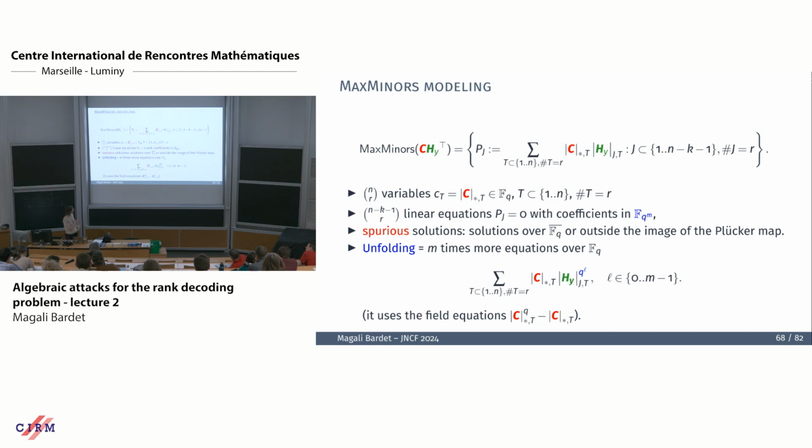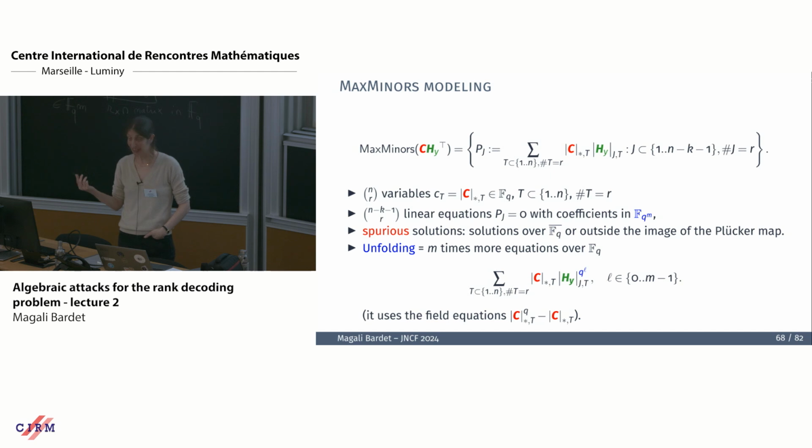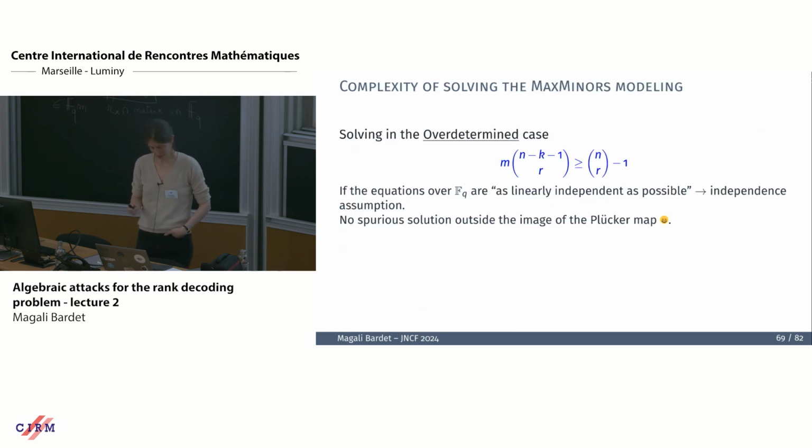For the second part, you can add algebraic constraints saying that you are in the image of the Plucker map, and those constraints are the relations between minors of a matrix. But we did not succeed in this analysis, so we don't know how it behaves if you add these relations.